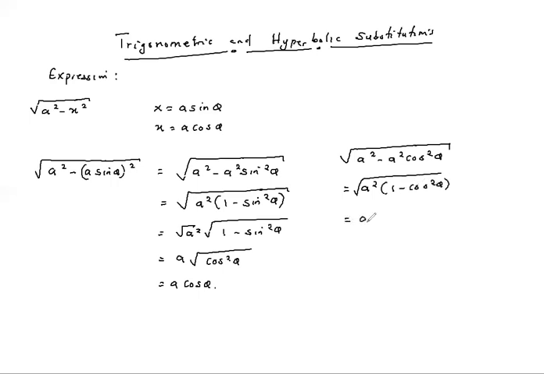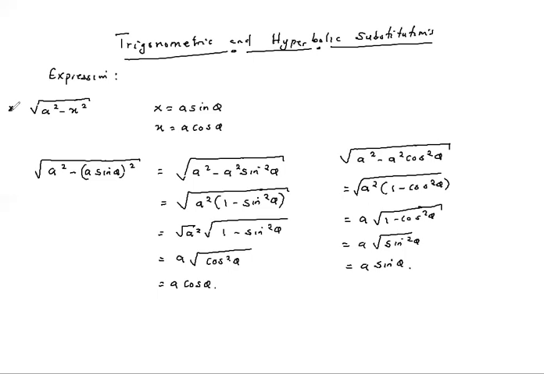Then you have a, the square root of 1 minus cos squared theta, but this is just sine squared theta, where we just have sine theta. So all these trig substitutions are coming from the identities that lead to 1. So this is the first form.